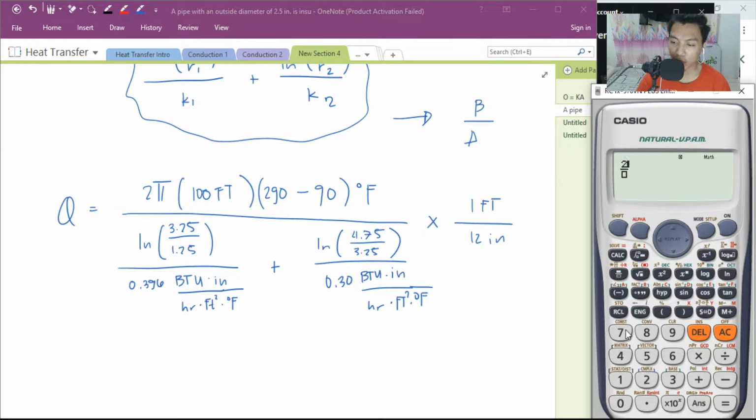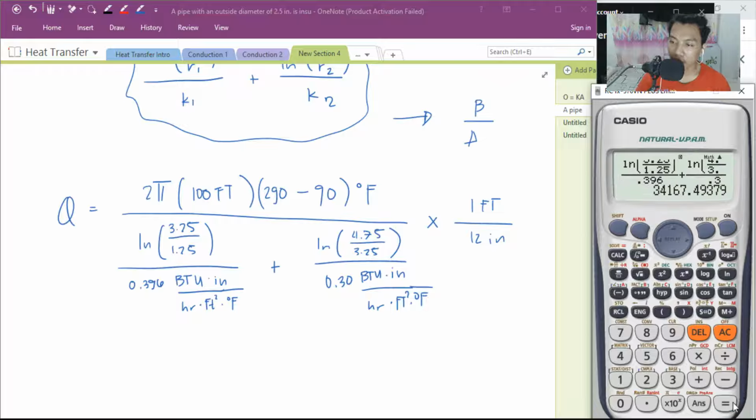So, solving 2 pi times 100 times 290 minus 90, that is 200. Divide by Ln 3.25 over 1.25 over 0.396 plus Ln 4.75 over 3.25 and then nasa baba 0.3.